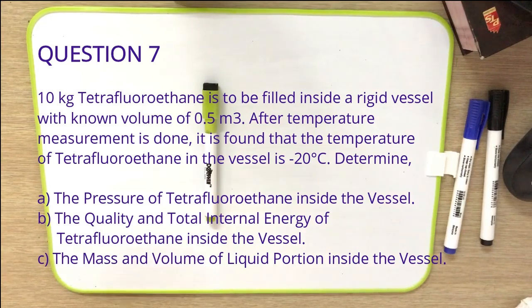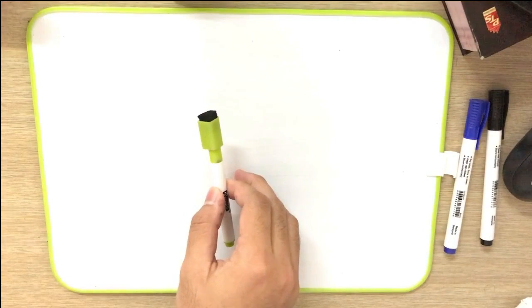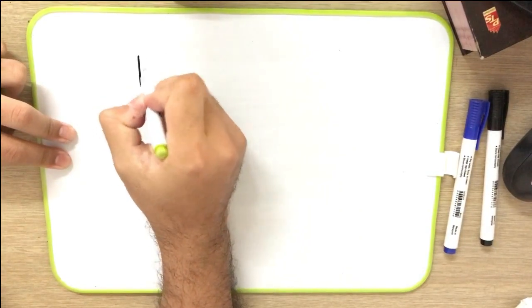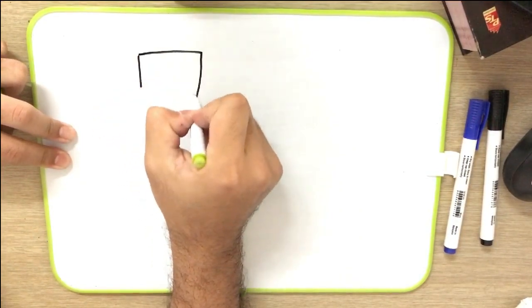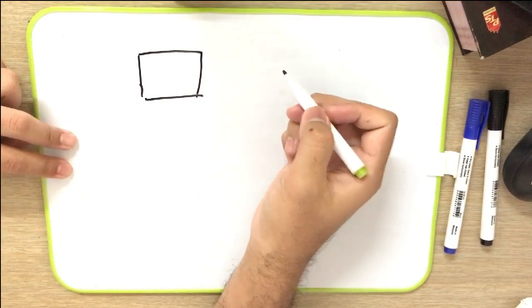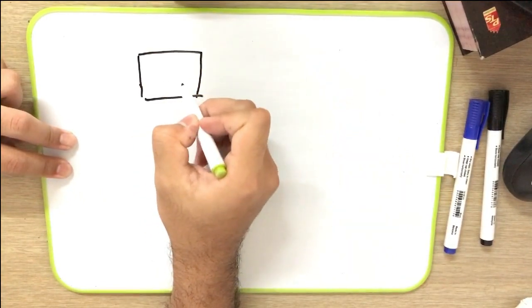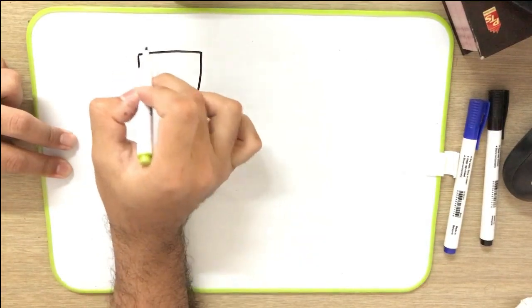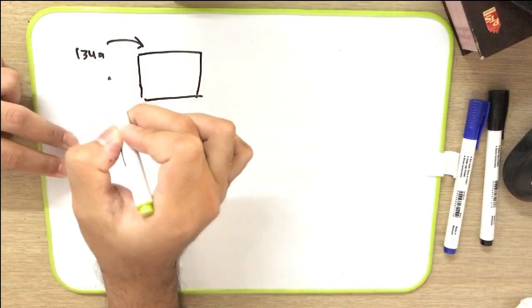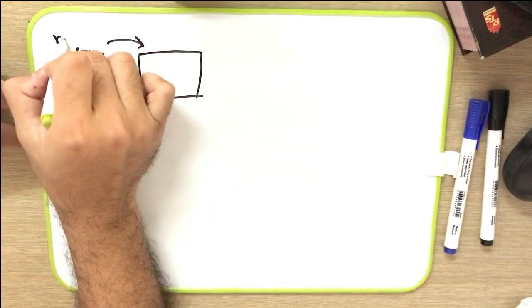To understand this question, we have a rigid vessel. We are going to fill this rigid vessel with the tetrafluoroethane, R-134a, which is refrigerant.